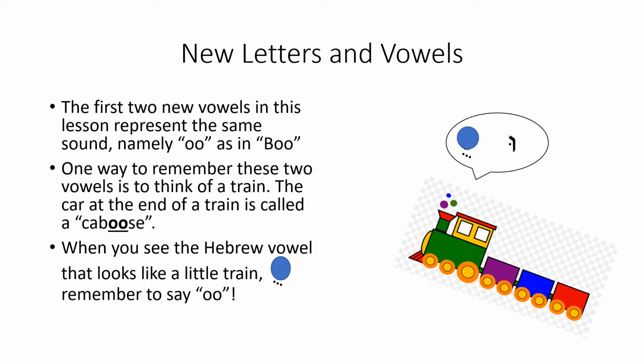One way to remember that sound, especially the 3 little dots going down in the diagonal, is that I always think it looks like a little train, and the last car on a train is the caboose. Caboose. So when you see that little vowel that looks like a train, you should always remember to say oo, as is true with the other symbol that makes that same sound.